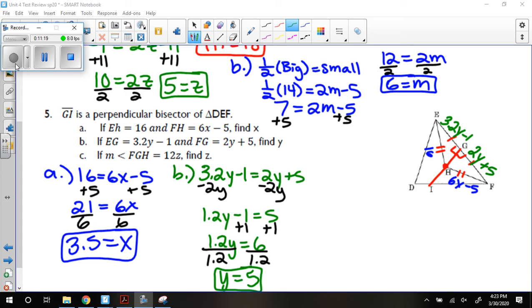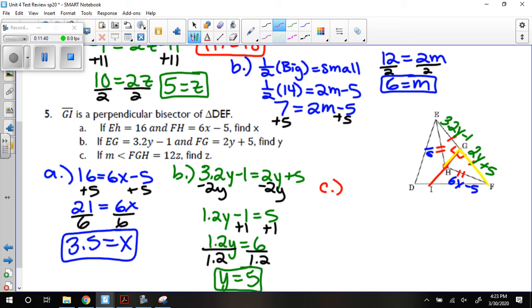And last but not least, for part C, you are told that angle FGH is 12z. Okay, so here, FGH, this angle right here, which we already marked as a right angle.